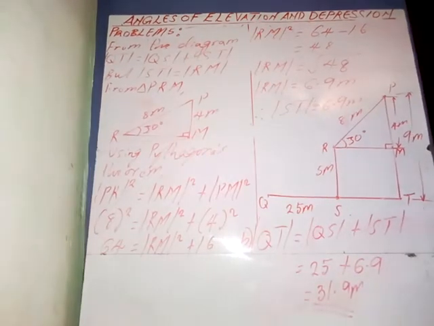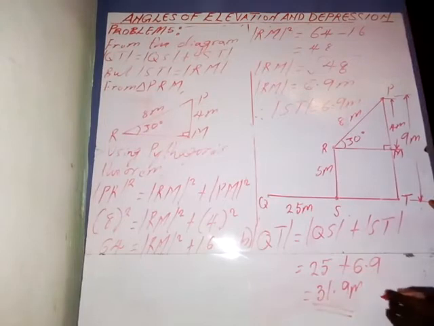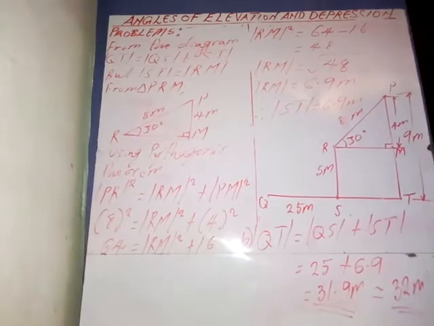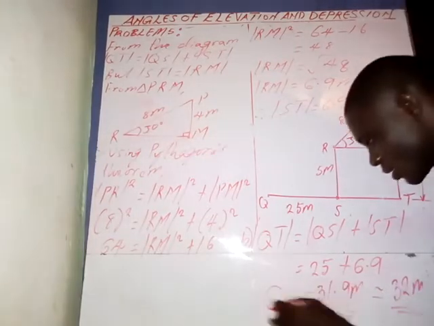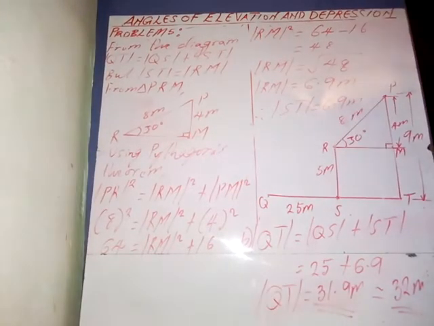The question says that our answer should be to two significant figures. So to two significant figures, here we have 32 meters. So QT is 32 meters. Take note of that. All right, so we have solved that question.